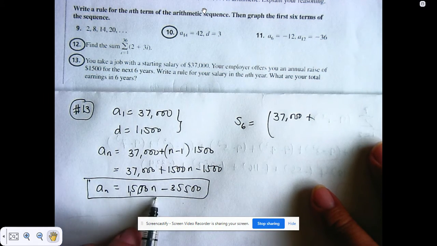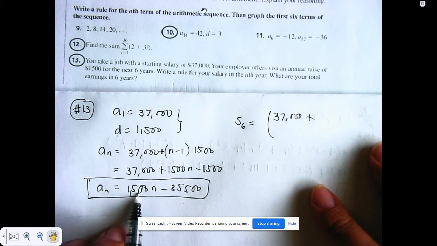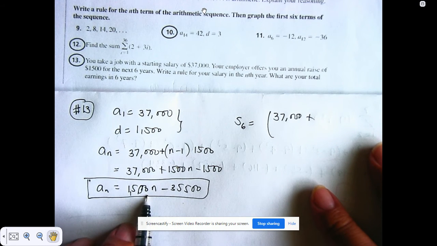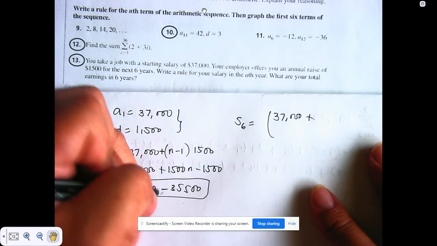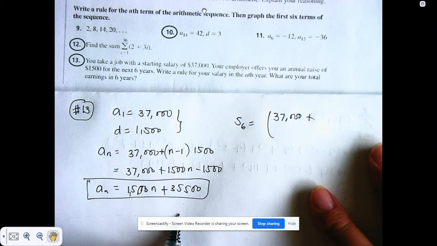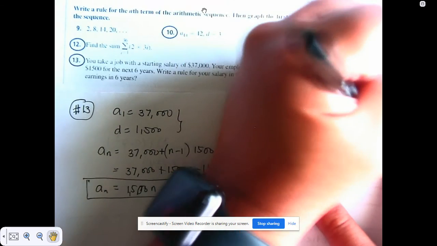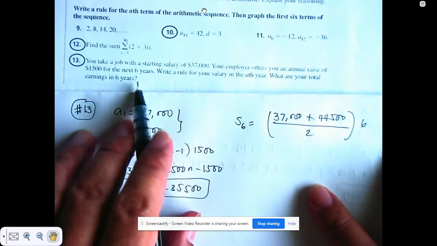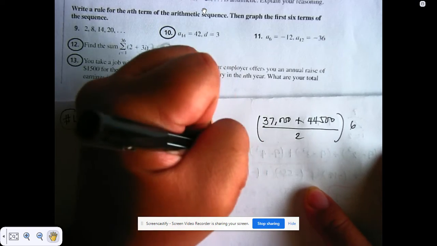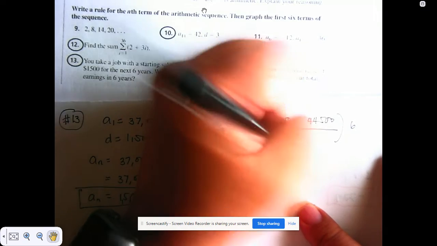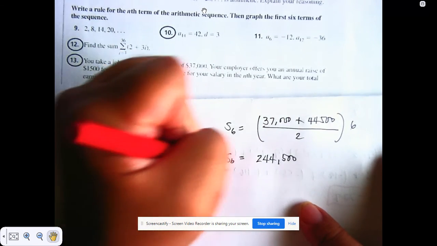So 6 times 1,500 is 9,000, plus 35,500, this would be 44,500, divided by 2, times 6. 6 is the number of years, the sum of 6 years. So if I use a calculator here, S of 6 would now be 244,500. Okay, so this is the final answer.